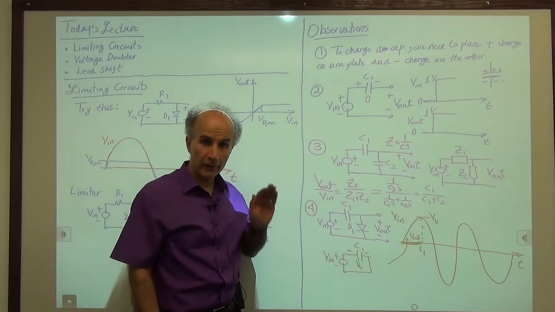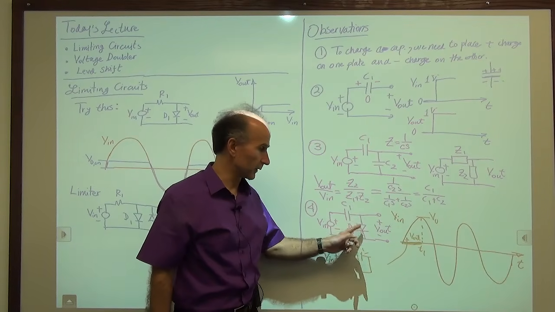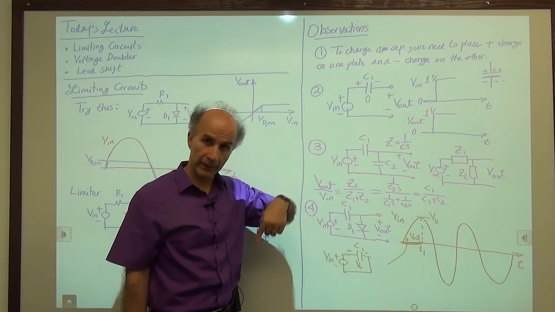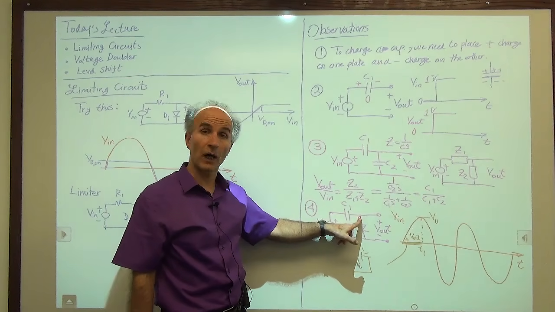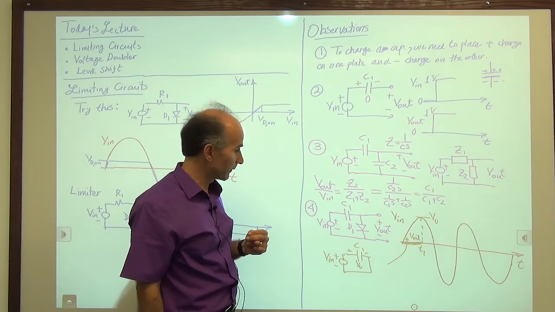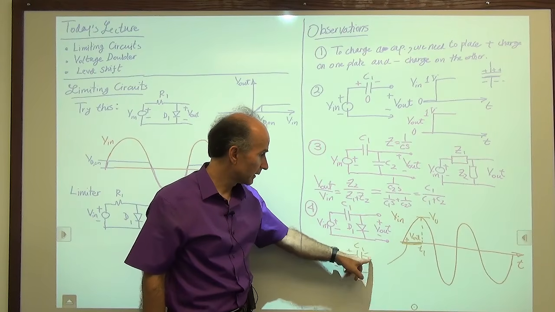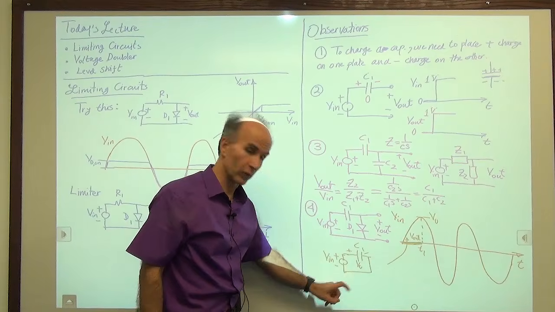Now after T1, the input starts going down. Then what happens to this output right here? Three possibilities. It goes up, goes down, stays constant. Okay, so again, it's unlikely that this will go up, so we only consider two cases. Okay, can this voltage stay constant at 0 when this point wants to go down?